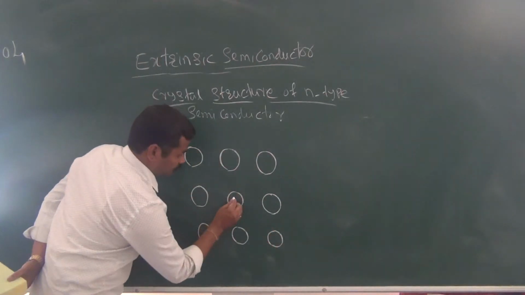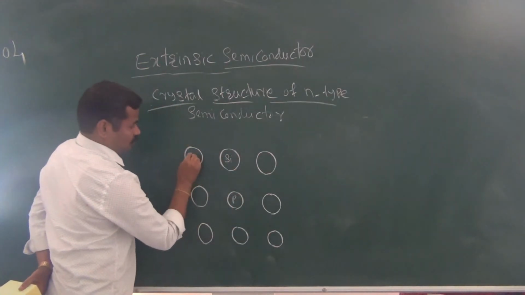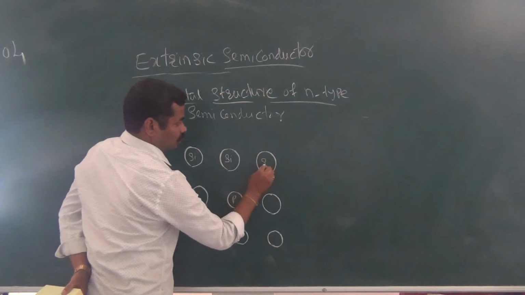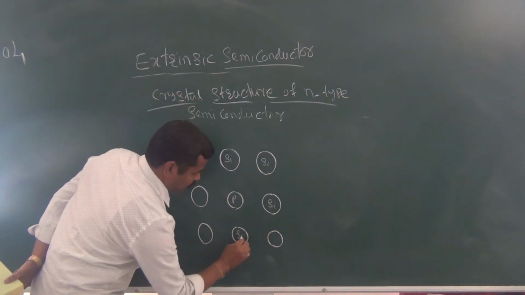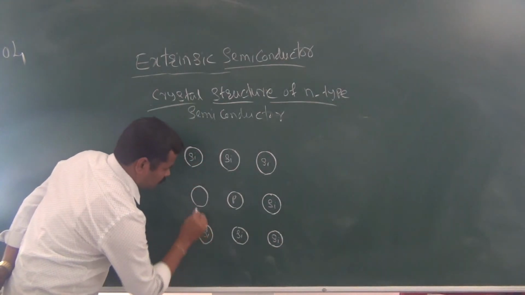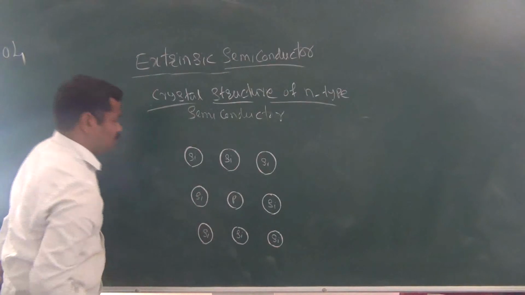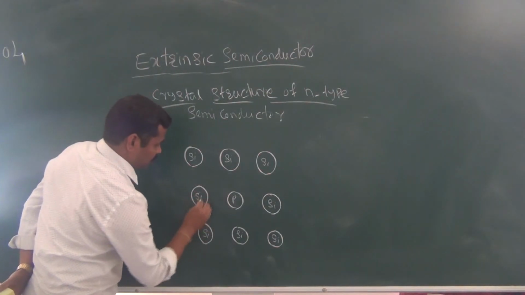In the middle you have the phosphorus, and you have the silicon surrounding it. A pure semiconductor, silicon, by adding pentavalent impurities, becomes N-type.